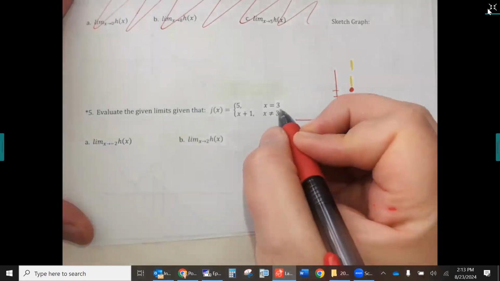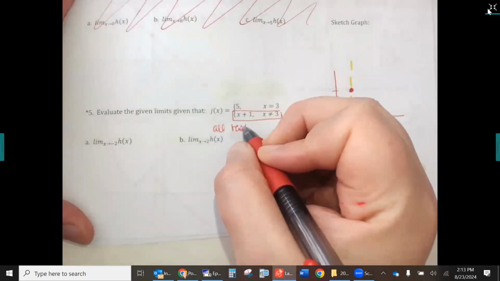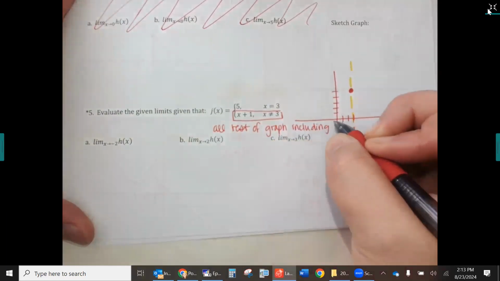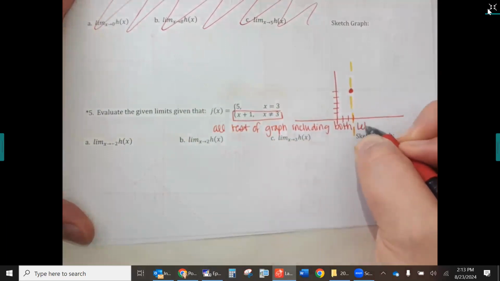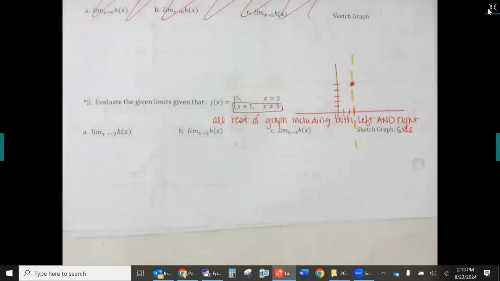Then this piece is going to make up all the rest of the graph, including both the left and right side of that dot. Not equal to 3 includes all the numbers less than 3 and all the numbers bigger than 3, which means it's going to make up the whole rest of the graph.